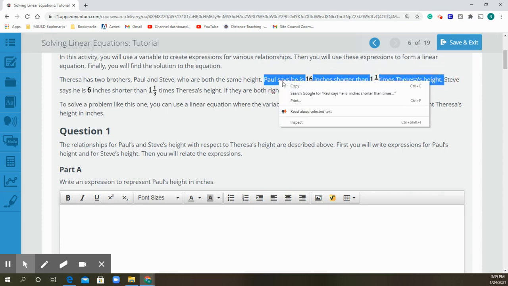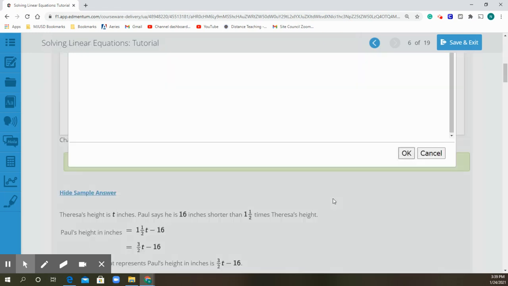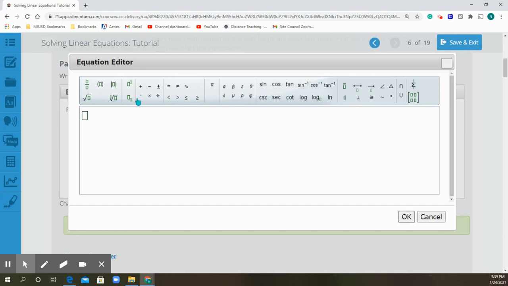Paul says he is 16 inches shorter than 1, and I can use the equation editor to do what I need to do.